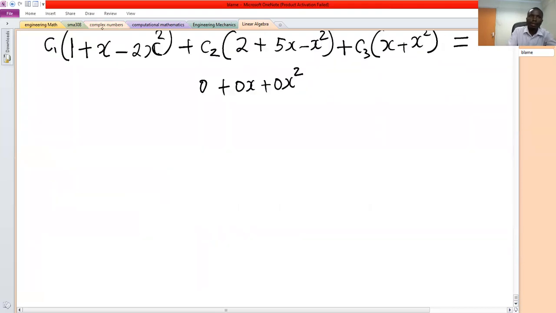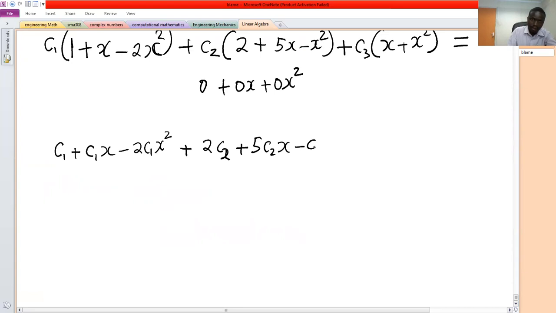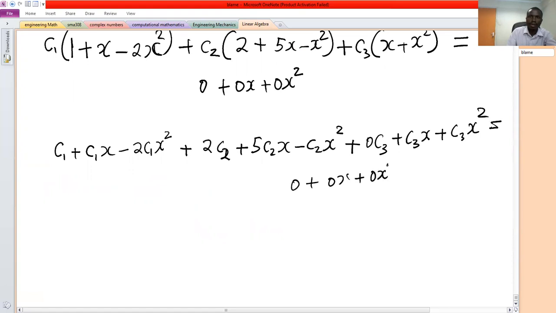Now let's expand this. We'll have C1 plus C1x minus 2C1x squared, plus 2C2 plus 5C2x minus C2x squared, plus, I can write this one as 0 times C3 plus C3x plus C3x squared, equals 0 plus 0x plus 0x squared.